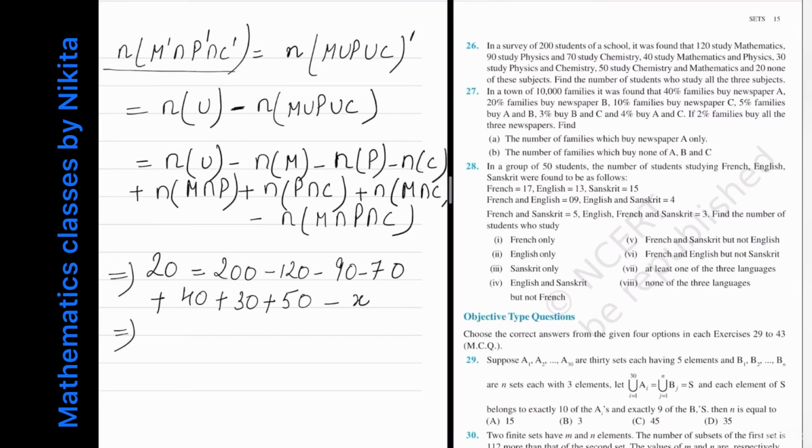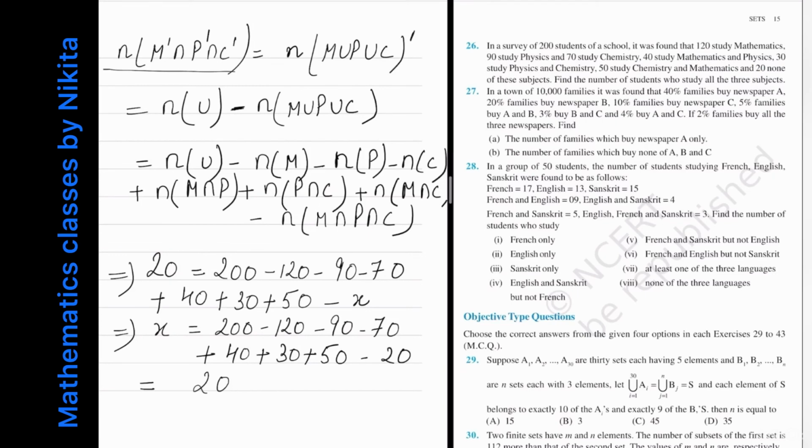So from here we get that x is equal to 200 minus 120 minus 90 minus 70 plus 40 plus 30 plus 50 minus 20, which is equal to 200 minus 120 is 80, 80 minus 90 is minus 10, minus 10 minus 70 is minus 80, minus 80 plus 40 is minus 40, minus 40 plus 30 is minus 10, minus 10 plus 50 is plus 40, plus 40 minus 20 is 20.